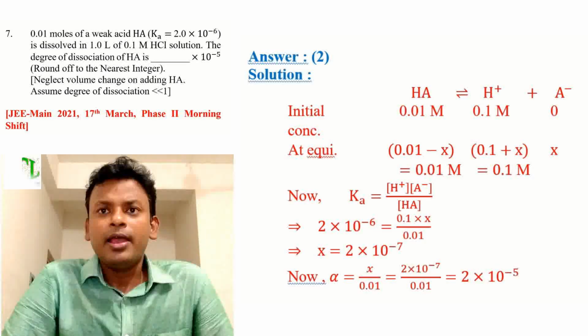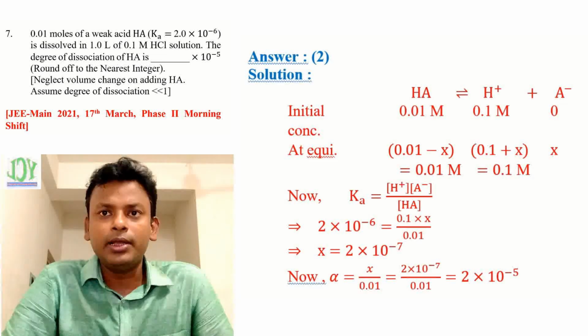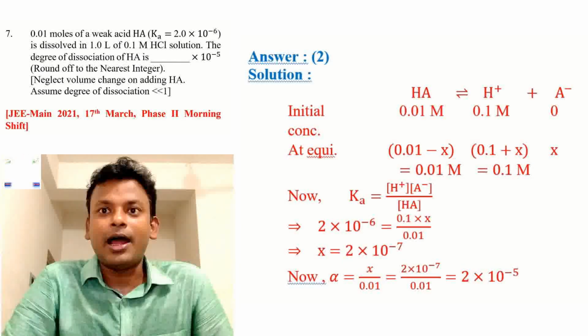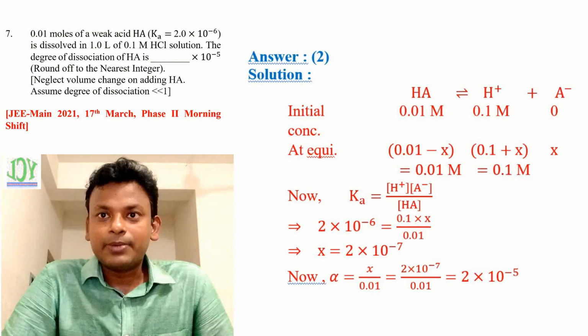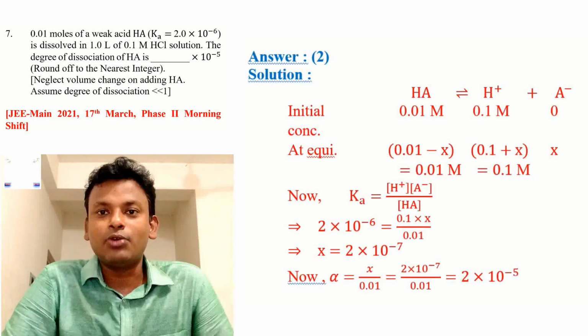We know that Ka equals to product by reactant, so putting all values, X equals to 2 into 10 to the power minus 7 and alpha equals to X by 0.01, so 2 into 10 to the power minus 5. So answer equals to 2.